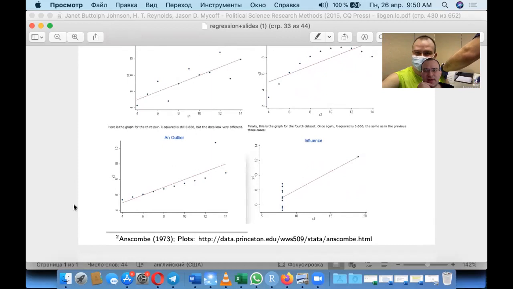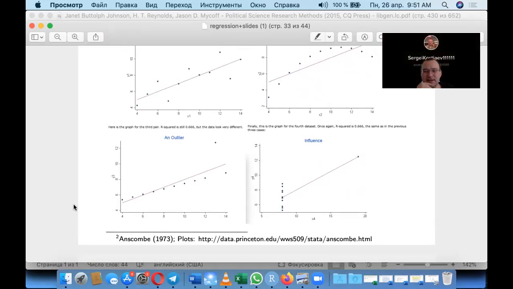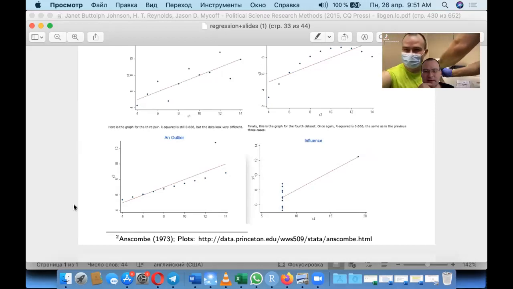When you have your distribution in two separate places, you still have kind of the same R-square value, but your regression model does not explain very well what's going on in your data.